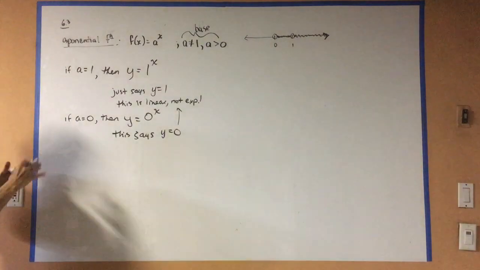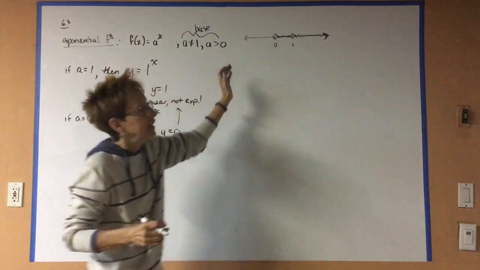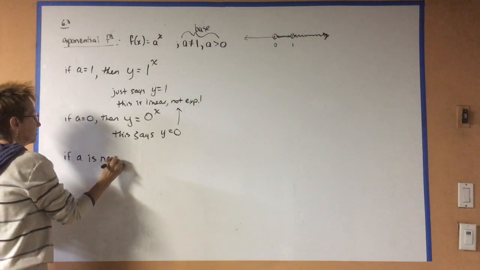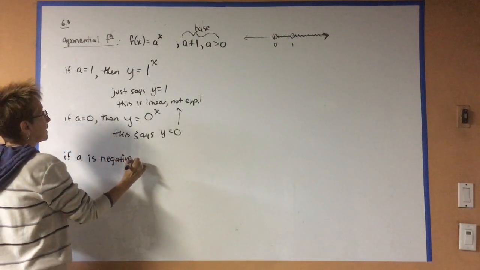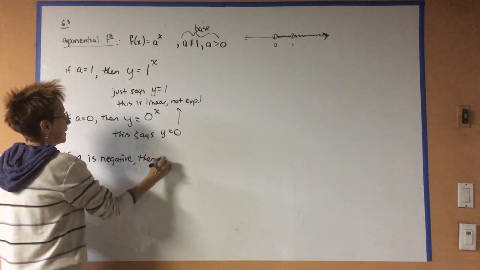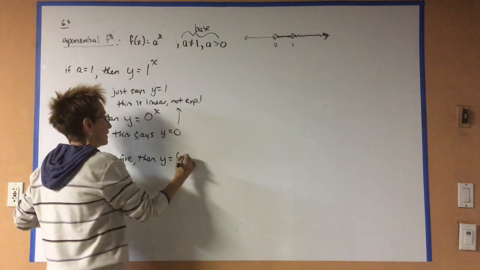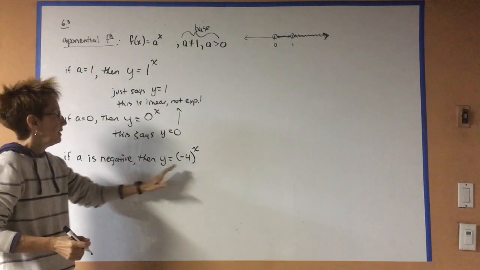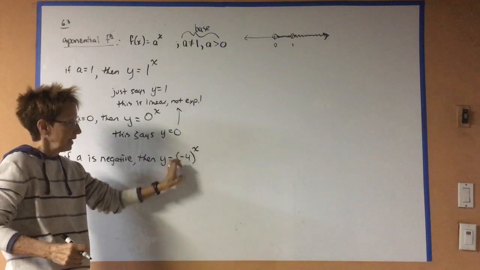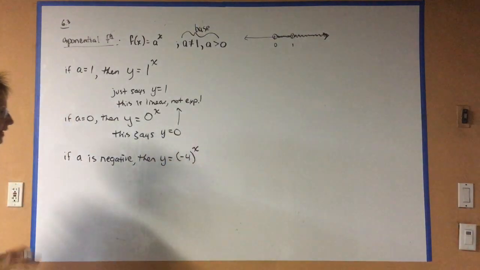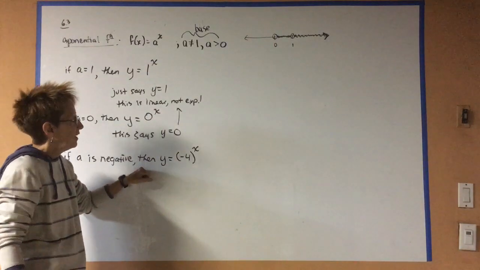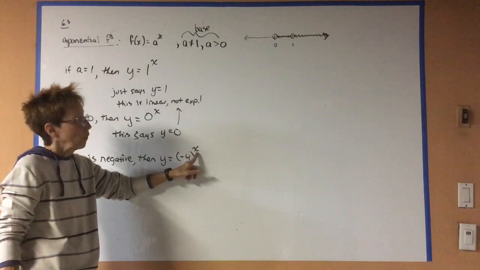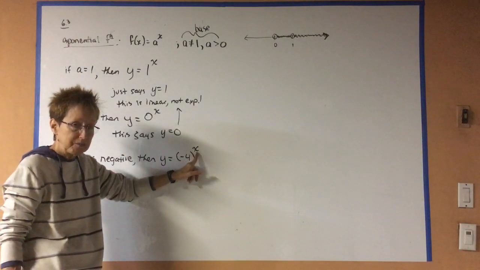Why is it that we've excluded all the negative numbers here? So if a is negative, so for example, then maybe we would have y equals a negative 4 to a power. So I'm letting a be negative, and I put parentheses around it because I want that negative number to have the power on it. And here's the issue with, if a is negative, then we have an issue of imaginary numbers. If x is 1/2, what does the power of 1/2 mean?